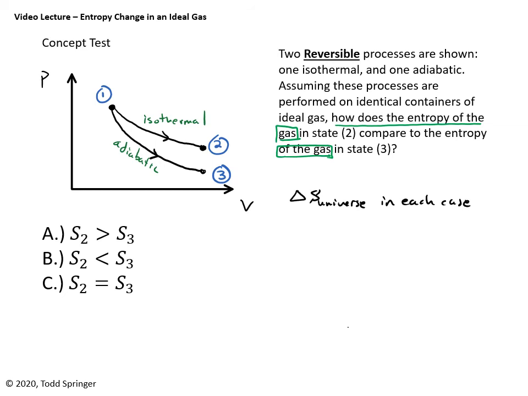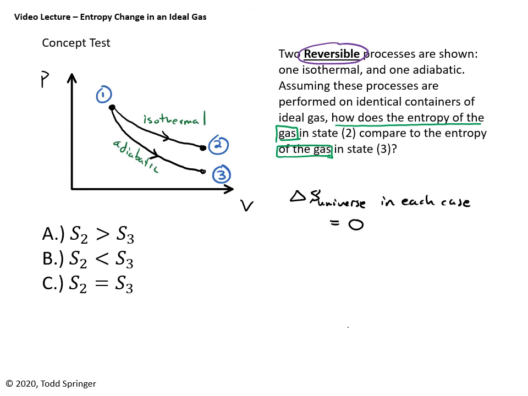If you don't know right away, pause the video, take a moment to think about it. Okay, so I will answer that question. Delta S universe in each case would be equal to 0 because they're both reversible processes. So that was the topic from last lecture, right? That if the process is reversible, the entropy change of the universe would be 0.